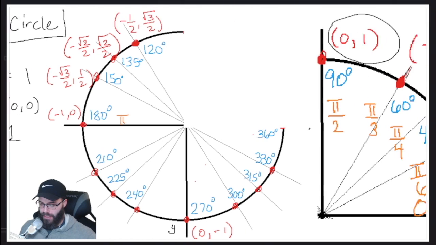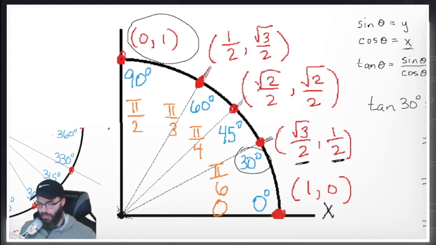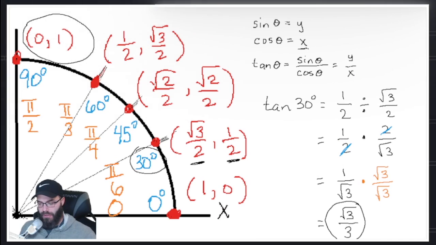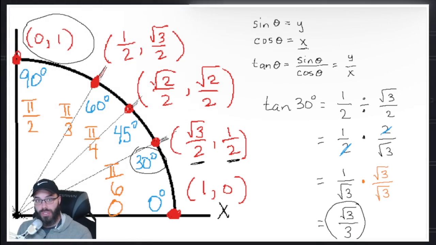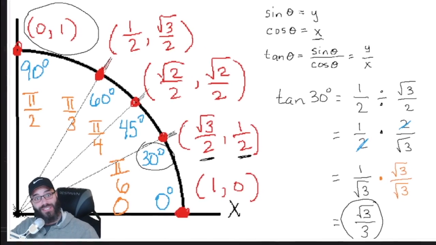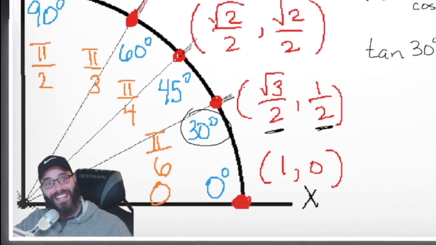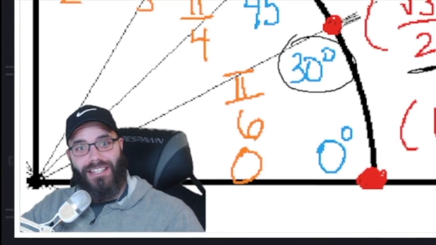So the next video I may do some more unit circle stuff, but this video right here gives you a brief idea of how to use the unit circle, which was the goal. So I hope that was fun. If it wasn't, make it fun.